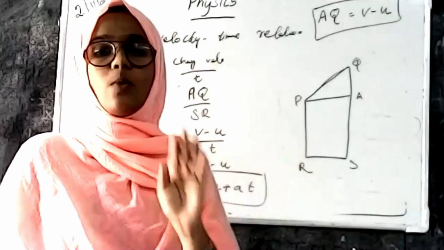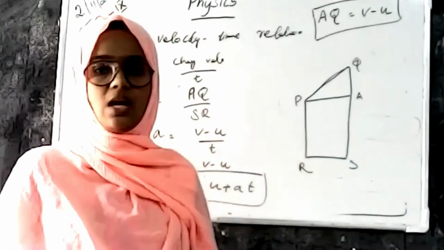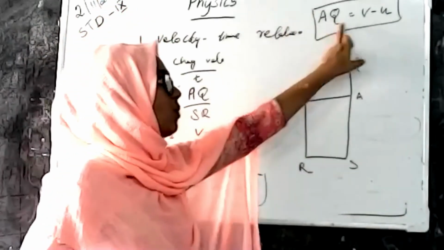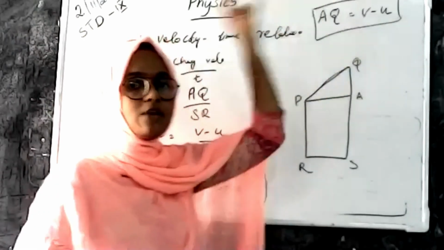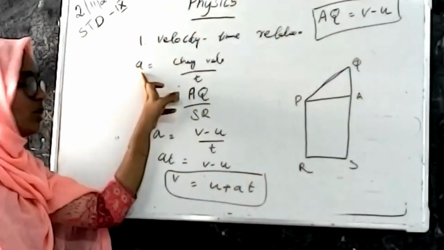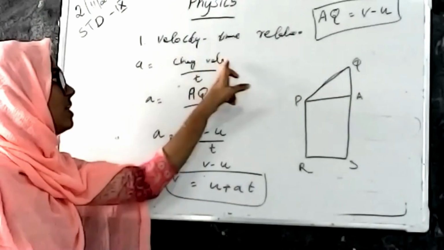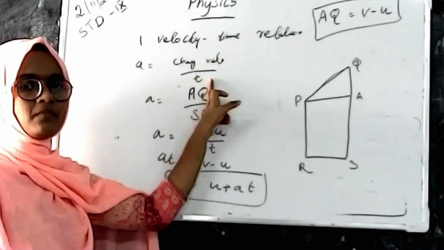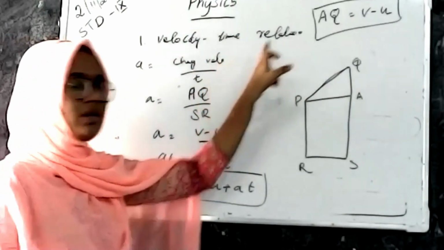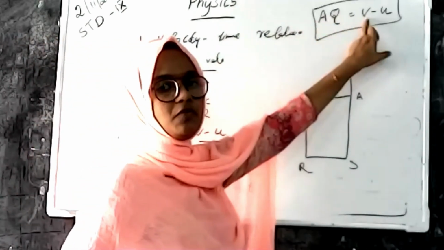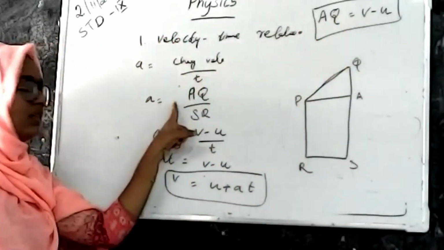So we know the changing velocity. The changing velocity, AQ, is V minus U. So the first equation is acceleration of a body is the changing velocity by time, and we have already derived that AQ is equal to V minus U, and we substitute that here.